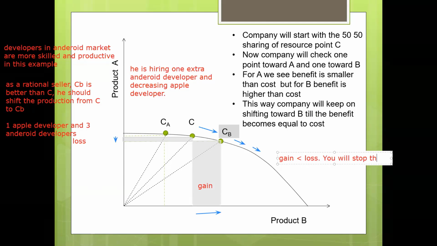You will stop there. Okay. So this way you can find the optimal point. This is a method that we can use as a rational seller. So this was the topic of finding the optimal point.